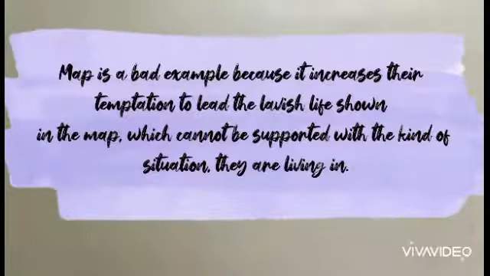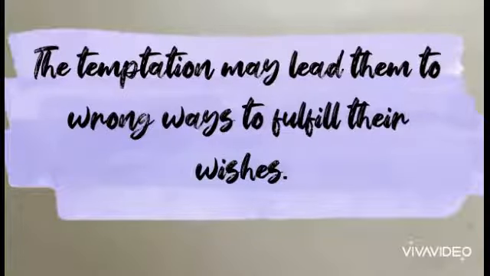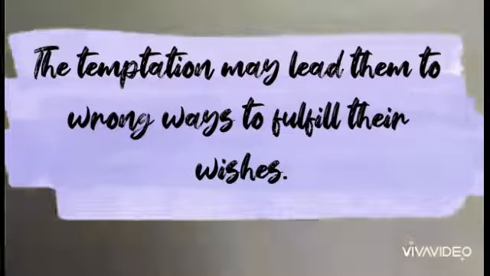And then, the map is a very bad example for them because they will never be able to see this big world. The only thing that happens is what they see in that picture. They see the ship and the sun and so many more things, which only leads them to the feeling of wanting those things. They desire those things, and to get them, do they have an option except stealing?